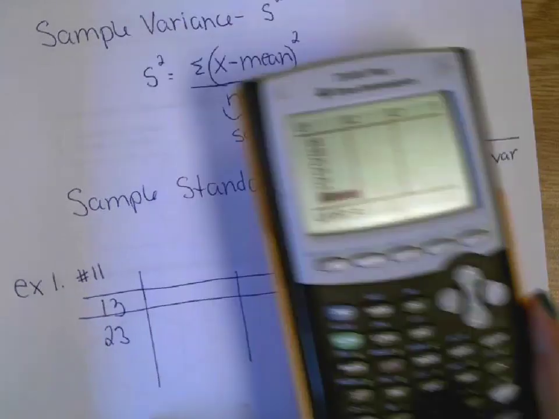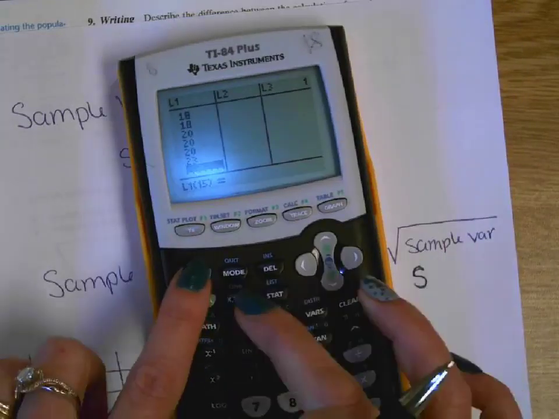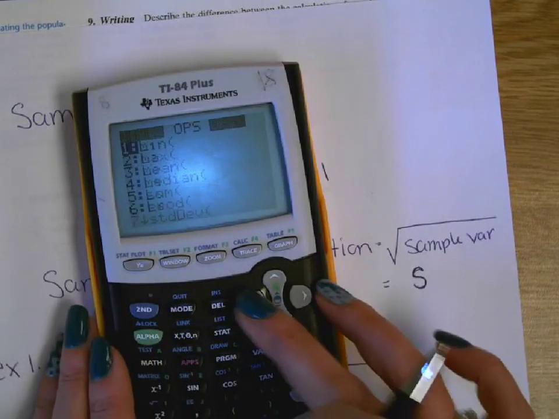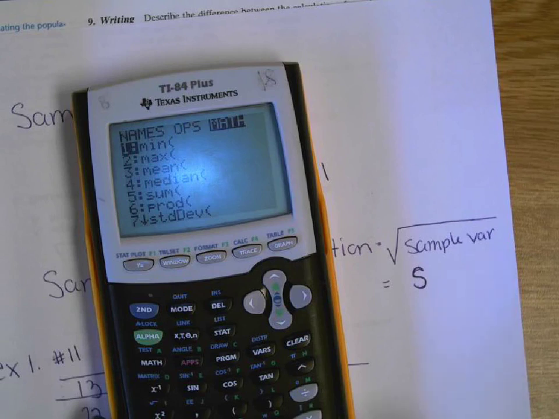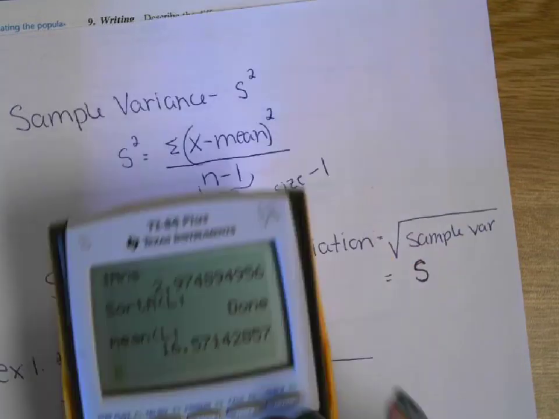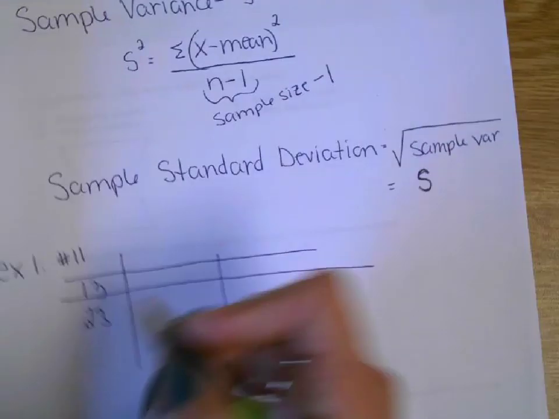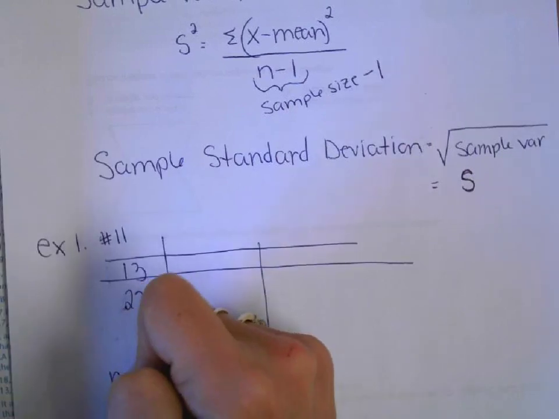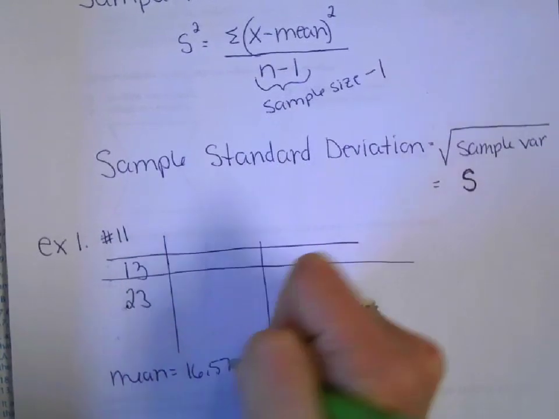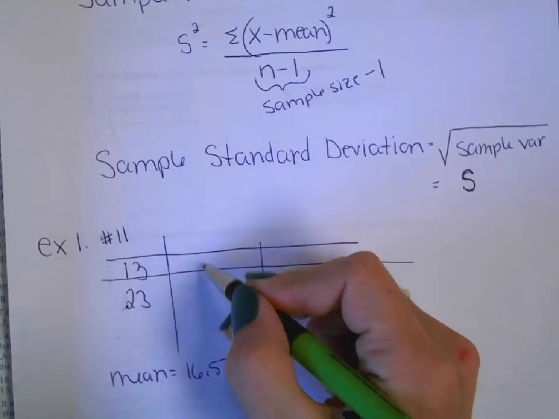Then I have to find the mean. Here's my formula. You're going to quit and let the calculator do the work. Mean 16.57. I think 2 places out should be pretty good to match what's in the book. And write that down somewhere.